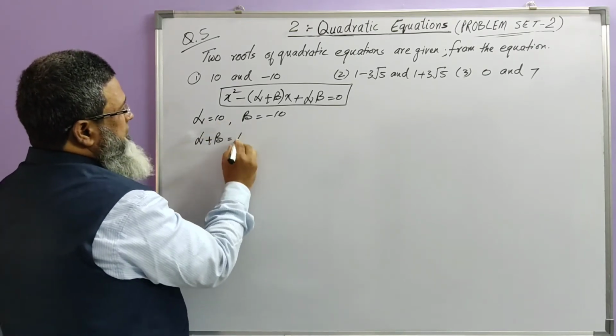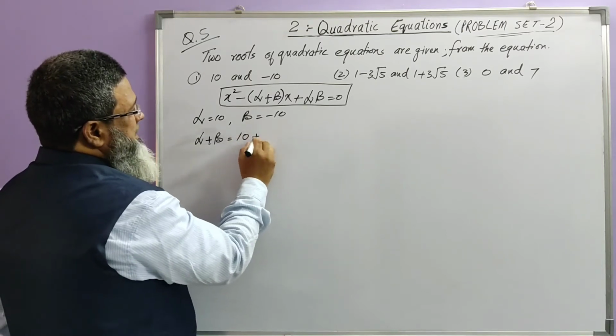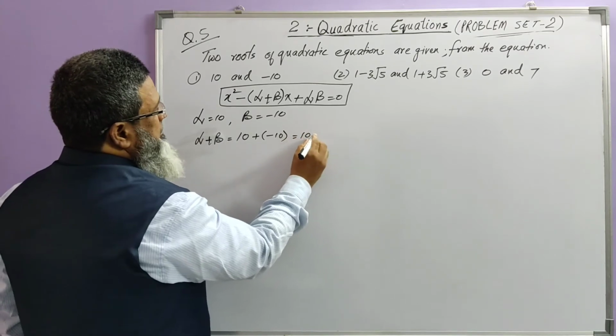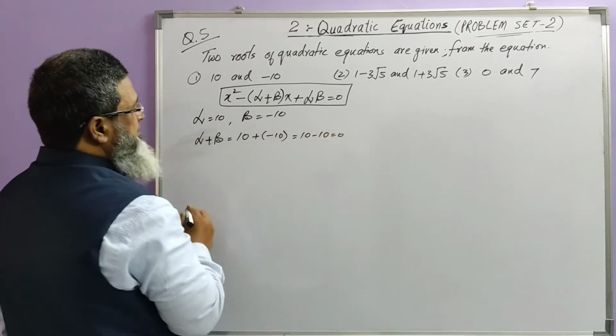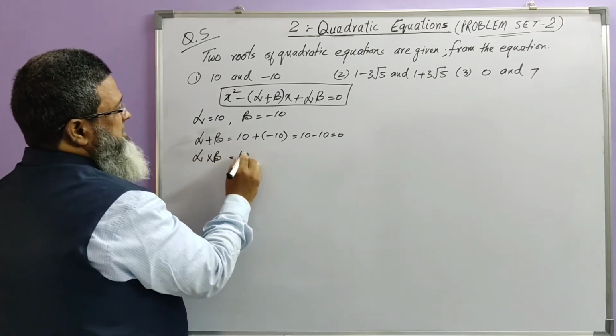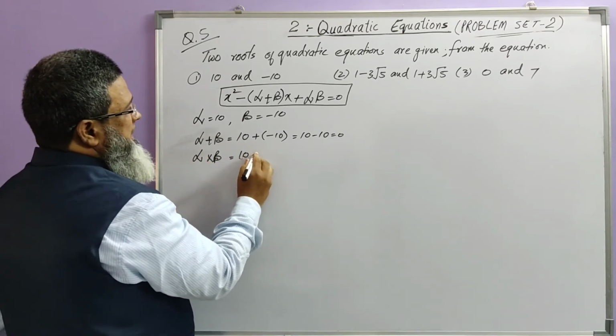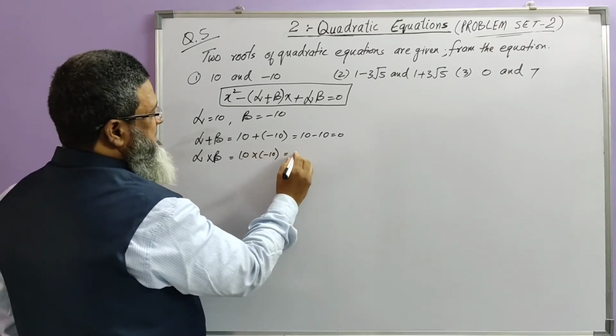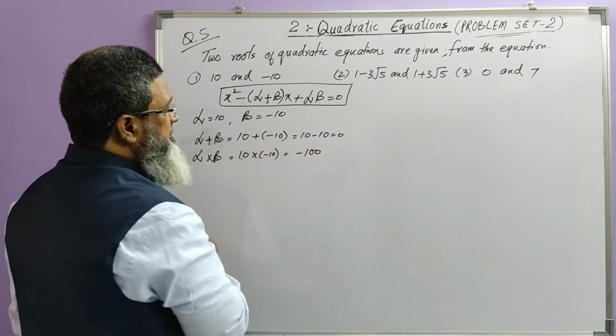What is alpha? Alpha is 10 plus beta is minus 10. Here 10 minus 10 is equal to 0. And alpha into beta: alpha is 10 and beta is minus 10. So alpha into beta is minus 100.